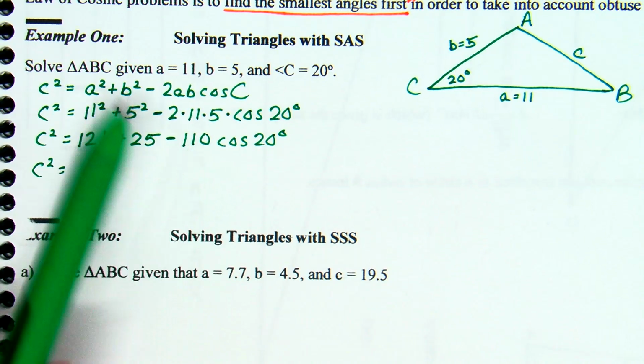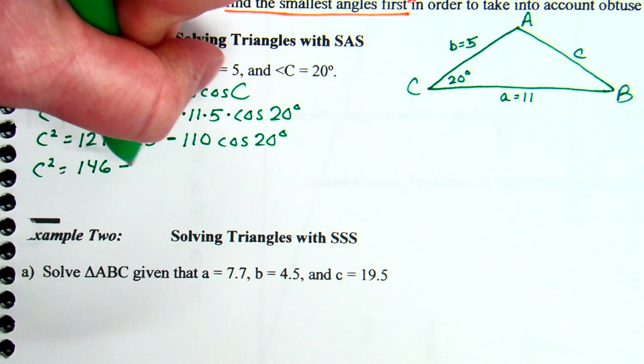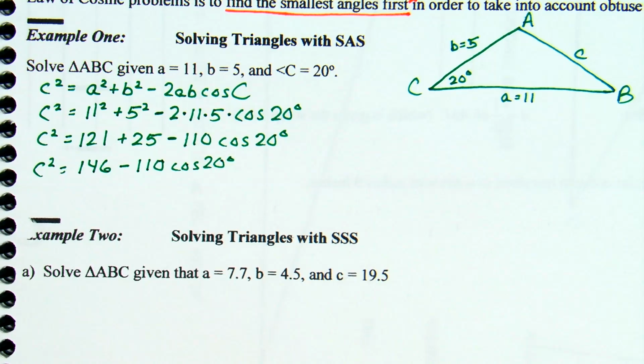So 121 plus 25 is 146 minus 110 cosine of 20 degrees. We have now officially hit that point. You have to go to the calculator, right? If you haven't already gone to the calculator, it's time.